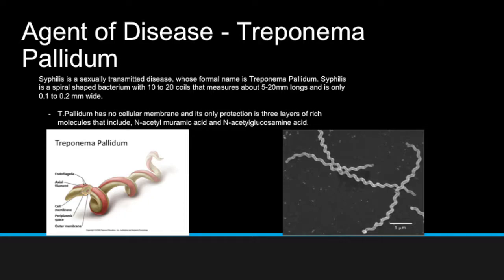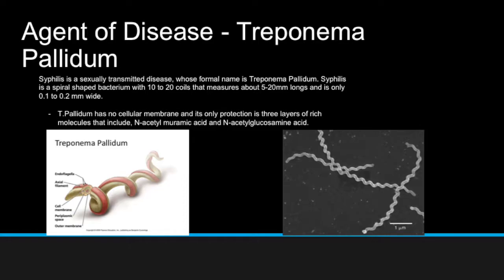Also, as mentioned before, syphilis is a sexually transmitted disease whose formal name is Treponema pallidum. It is a spiral-shaped bacterium with 10 to 20 coils that measures about 5 to 20 millimeters long and is only 0.1 to 0.2 millimeters wide.